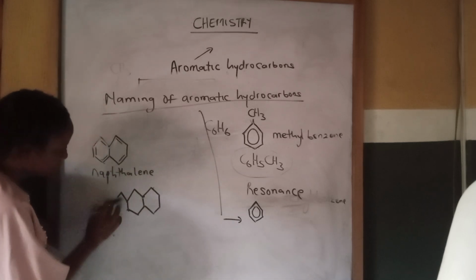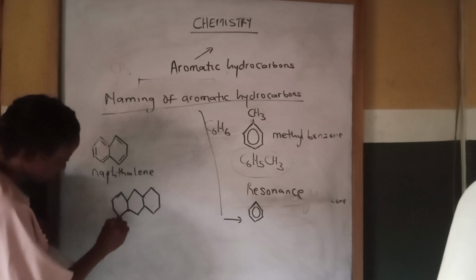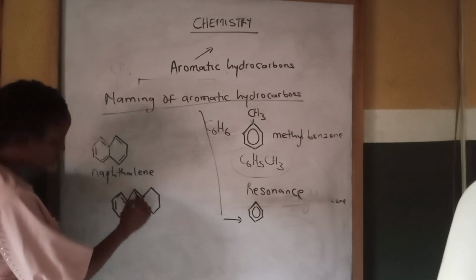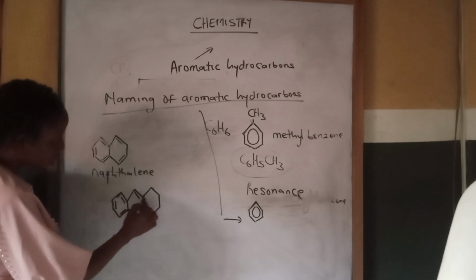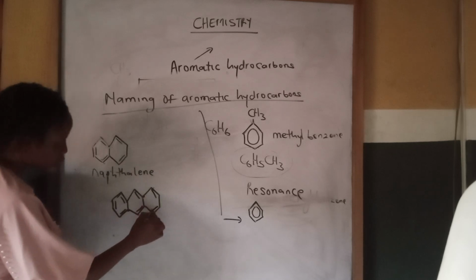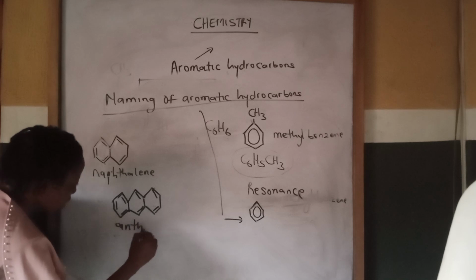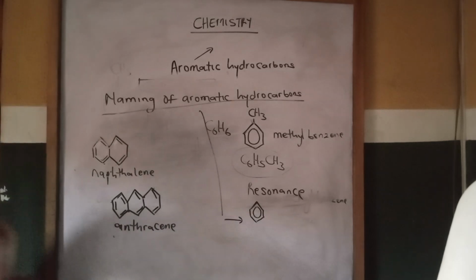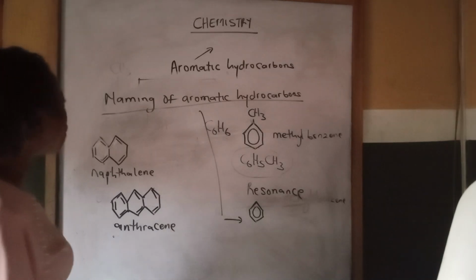Three structures of benzene joined together. So double bond here. You omit this one, double bond here, then double bond here. So you don't put a double bond there, double bond here. You omit this one, double bond here. Then double bond here, double bond here. So this is the structure of anthracene. Anthracene is a derivative of benzene.